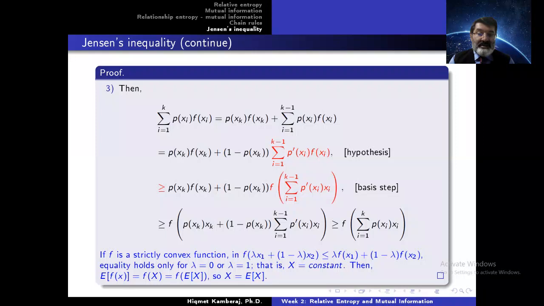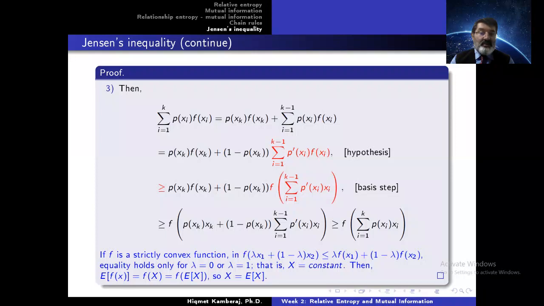So if I use this one, what is highlighted in red, the sum becomes greater or equal to f of the sum of i from 1 to k minus 1, p prime of xi times xi. Then the rest of the terms, which are in black, remain as they are on the second line. Now if I see the third line, then I can apply the base step.